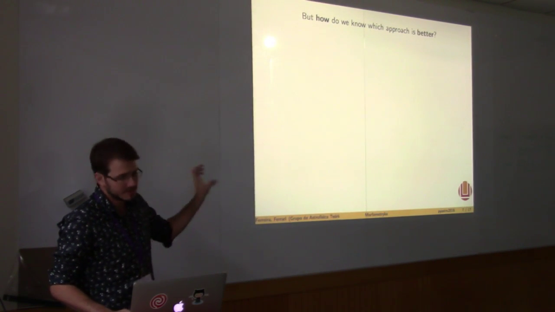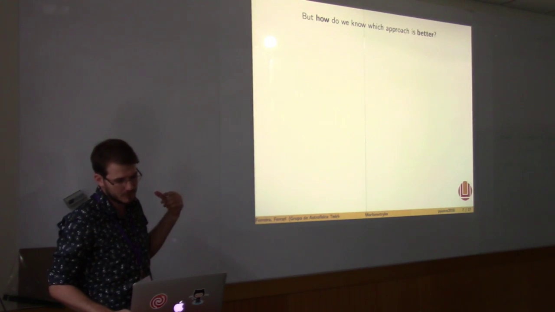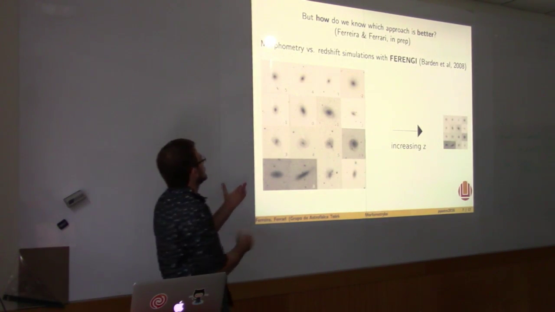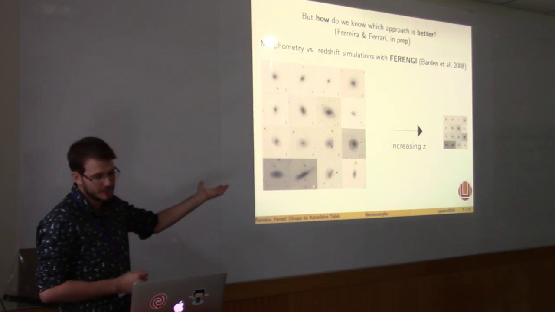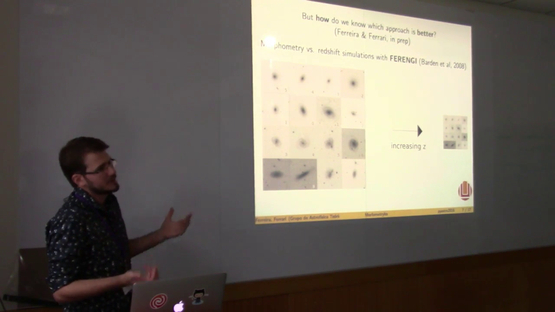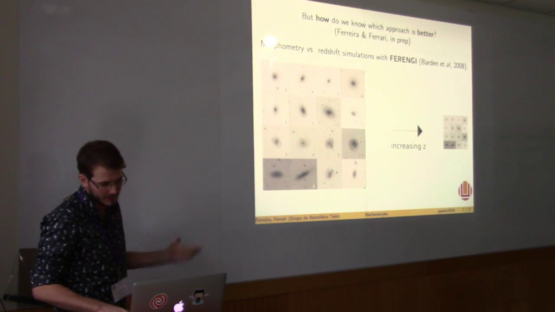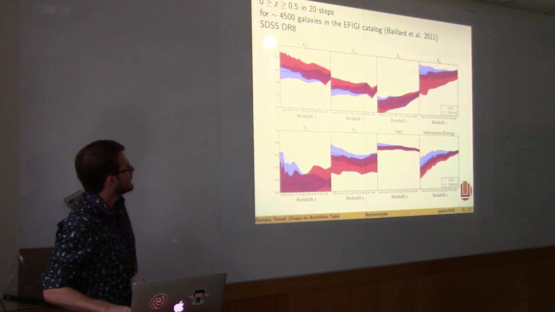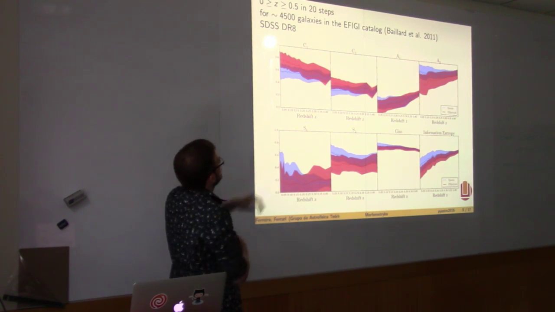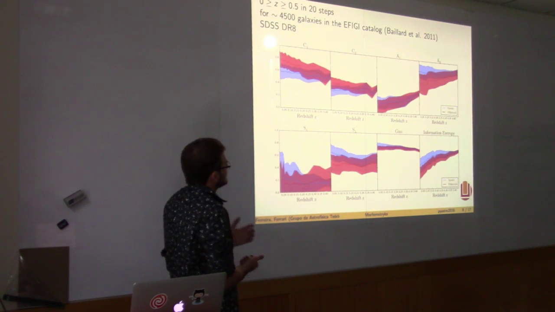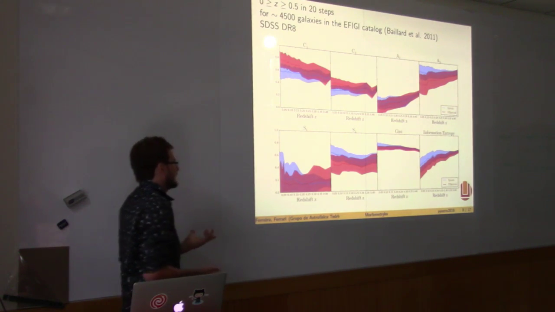But how do we know that this approach is better than the usual one? So we measure these things in redshift simulations using FERENGI. It's not in Python, unfortunately. It's in IDL. So here you can see the simulations for the FEG catalog, from the SDSS DR7 data.